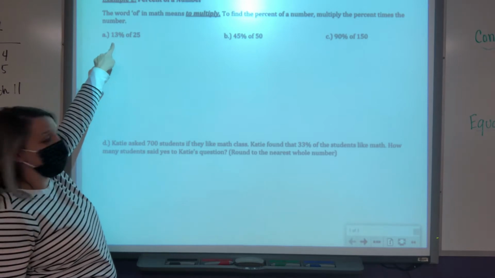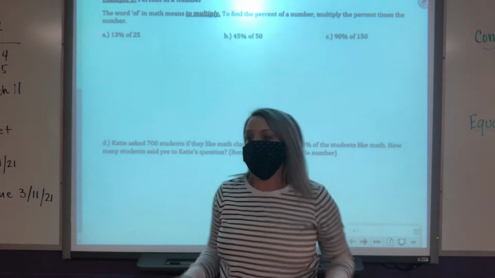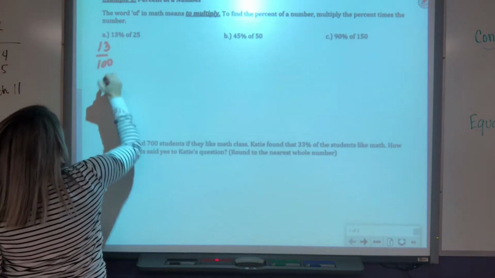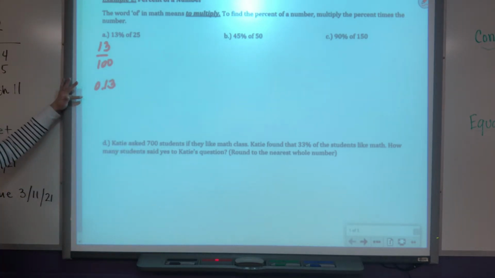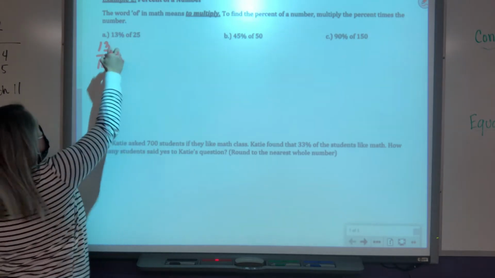What is 13% as a decimal? Okay, so we could write it as 13 over 100, or we could write it as 13 hundredths. Of tells us to do what? So I multiply by?